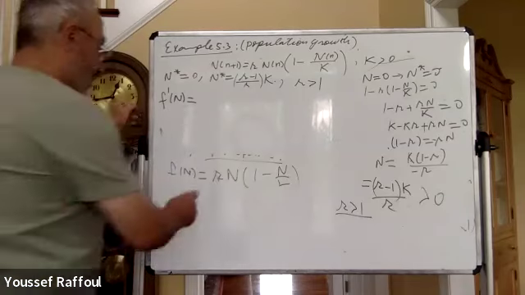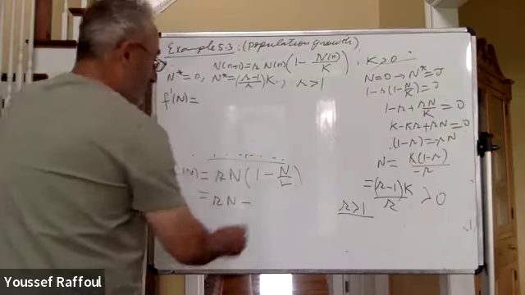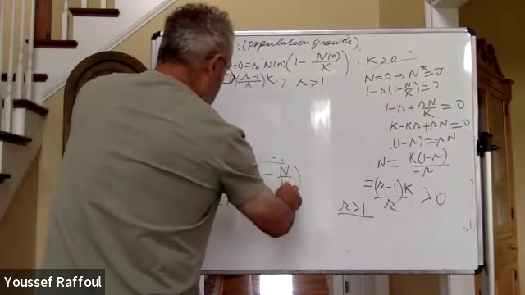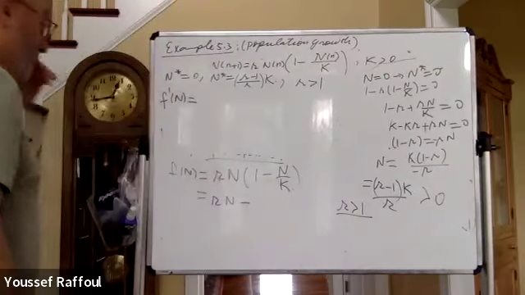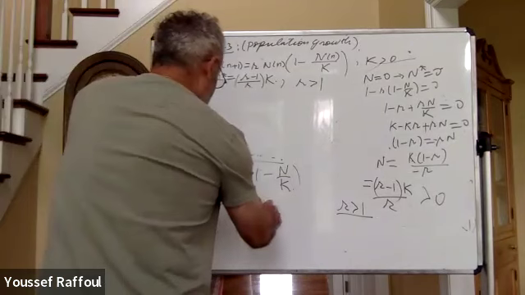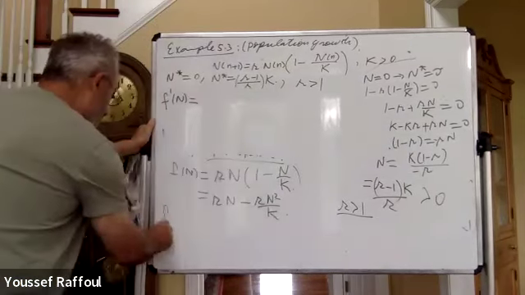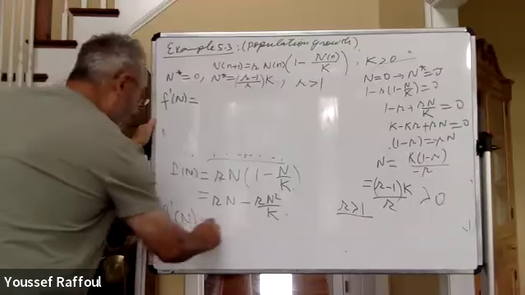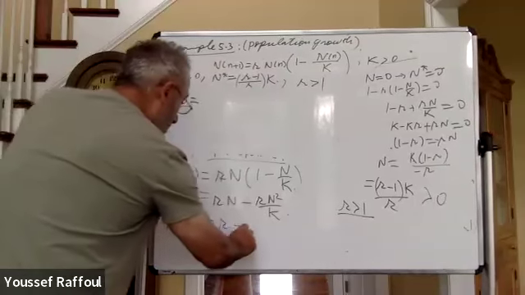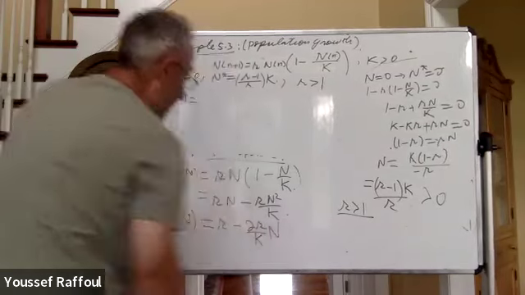So this is f, so this is rn minus rn squared over k. So f prime of n is r minus 2r over k times n.